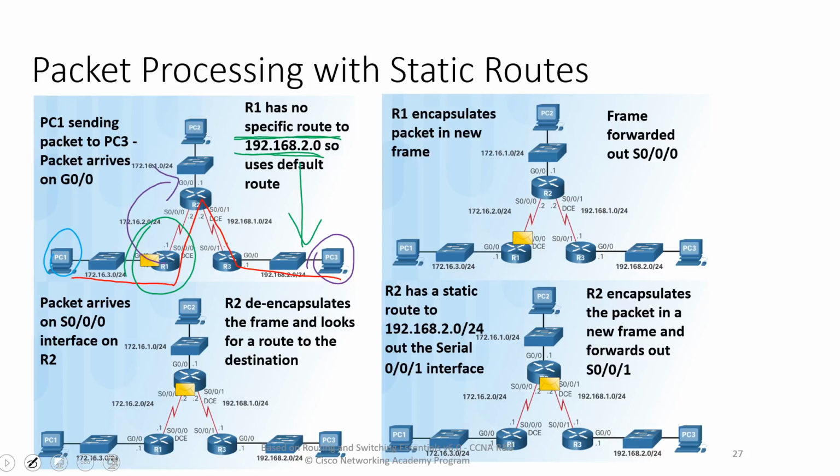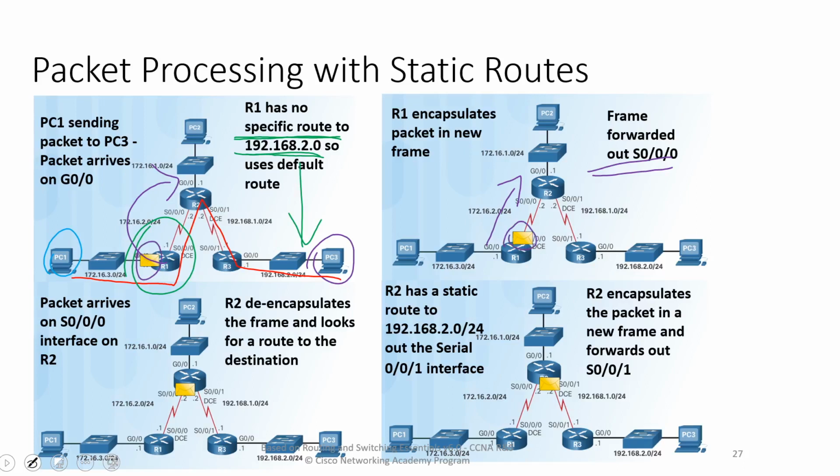So it is not choosing a specific route, it is going to choose the default route, as it doesn't have any specific routing entries for that. Then the packet is encapsulated as targeted to router 2, and forwarded through this particular interface. It's received here, the router checks, and it is sent out here.